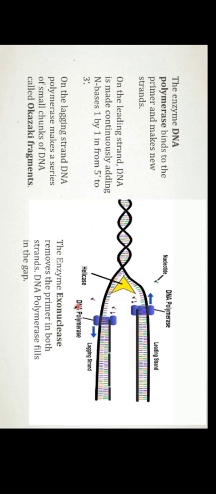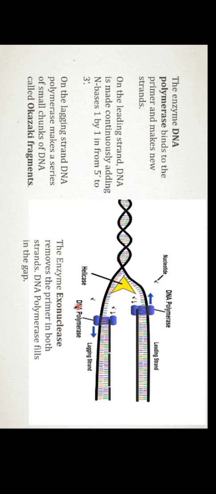So in your leading strand, class, the DNA is made continuously by your DNA polymerase. And in the lagging strand, since it runs in the opposite direction, your DNA polymerase cannot add N bases continuously, so it needs several primers, or RNA primers, in order for DNA polymerase to add N bases to the lagging strand.